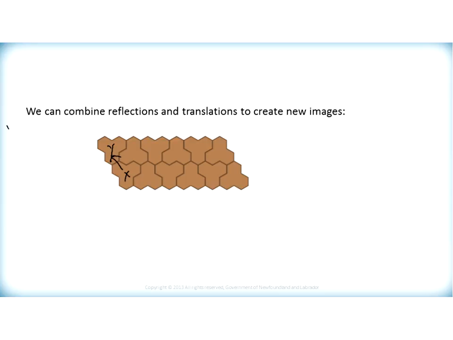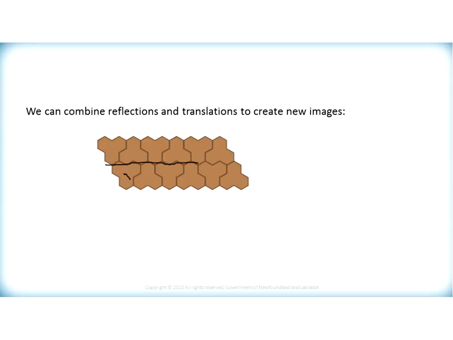Right? If I want to show a reflection, I have a line of reflection approximately right here on my object.